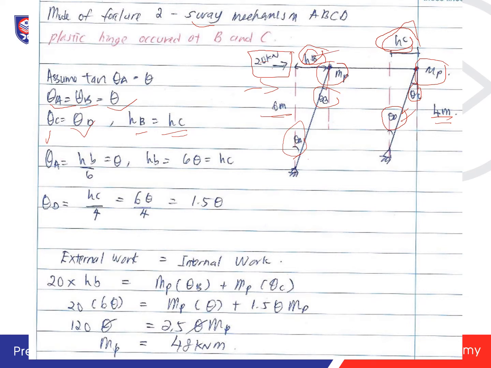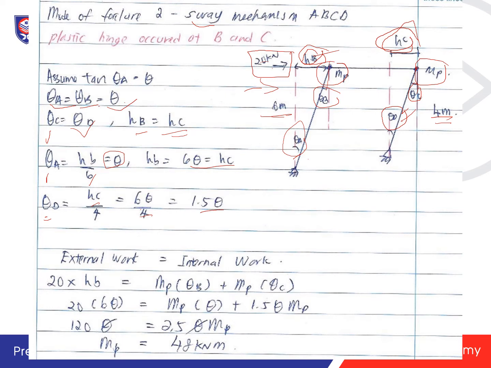So theta A is equal to HB over 6, which is equal to theta. So HB is 6 theta, equal to HC. So theta D is equal to HC over 4, which is 6 theta over 4, which is 1.5 theta.